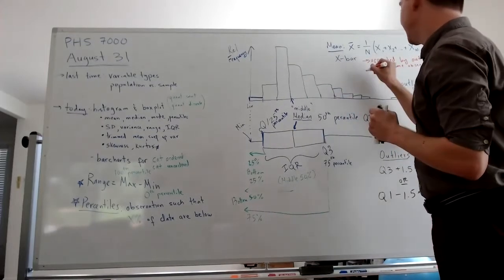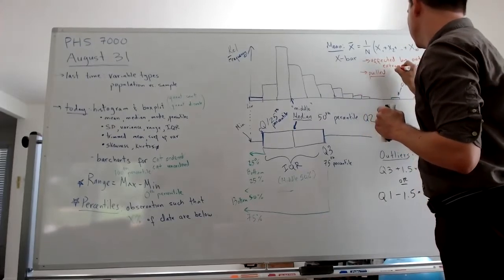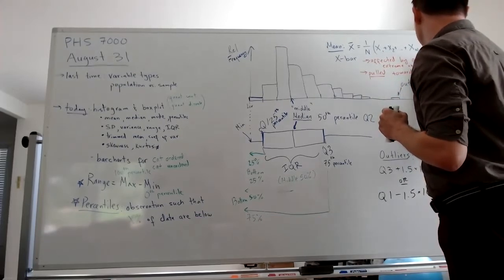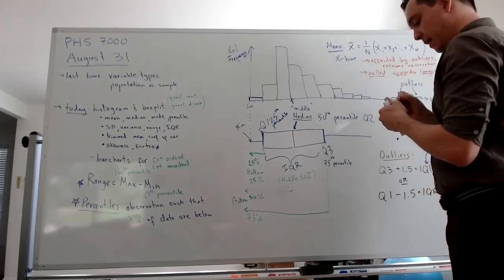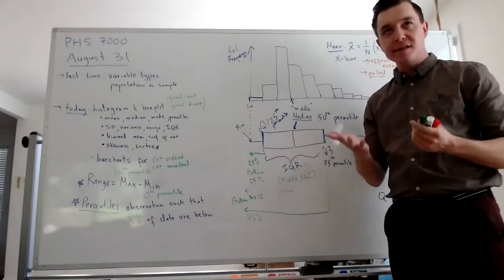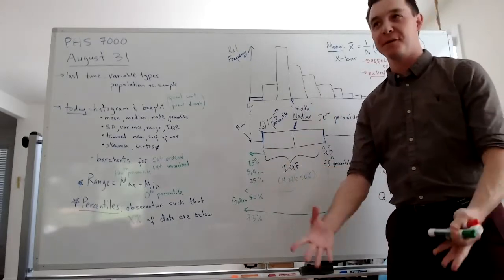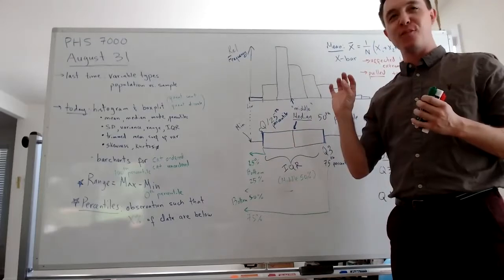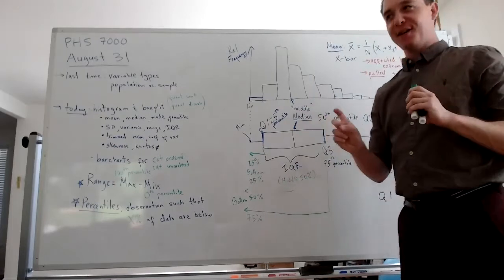So it's affected and is pulled towards the longer tail. It's pulled away from the center, which is really what we want the average to measure. We want the average to measure the typical value, the expected value, the normal value.